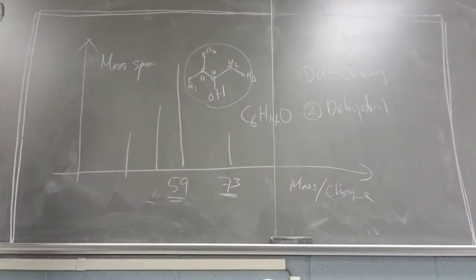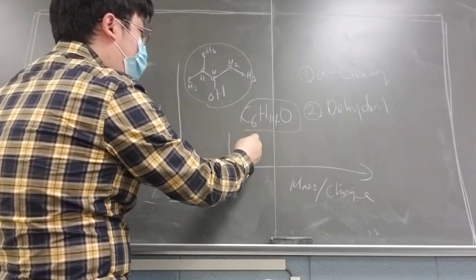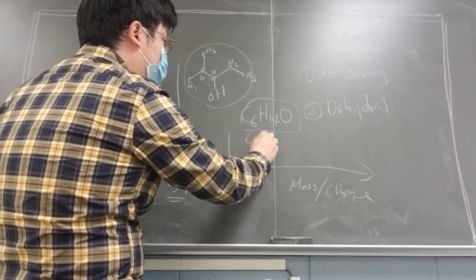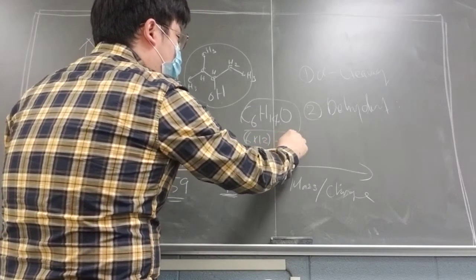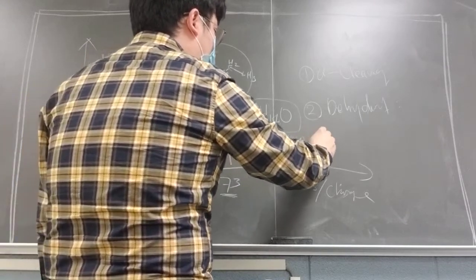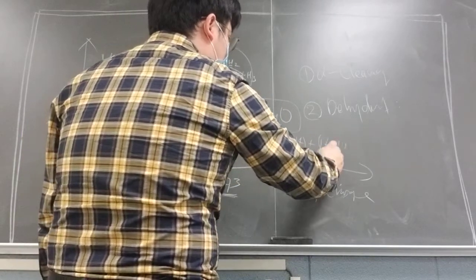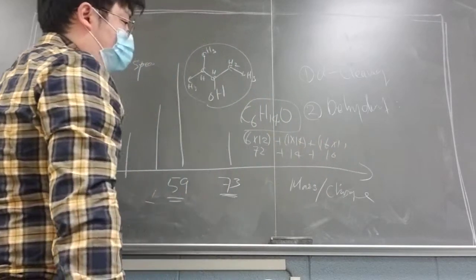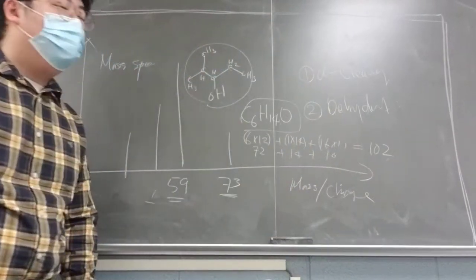So get the molecular weight using the chemical formula: 6 times 12 is 72, plus 1 times 14 is 14, and then 1 times 16 for oxygen. So it will be approximately 102.